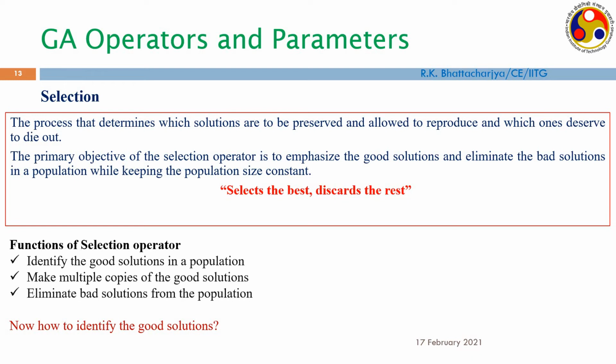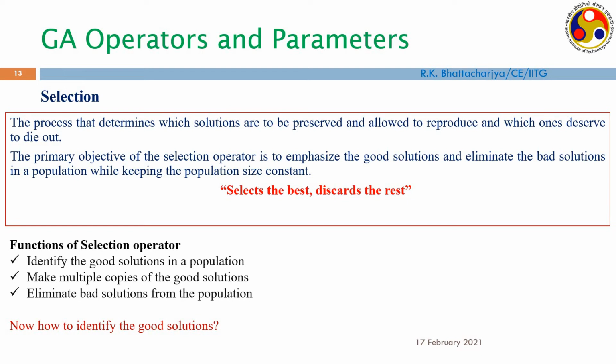It is the process that determines which solutions are to be preserved and allowed to reproduce, and which ones deserve to die out. So this is the purpose of the selection operator.